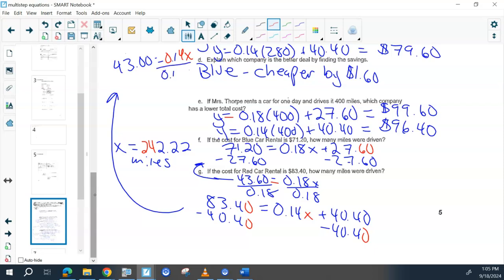And divide both sides by 1.4. Say that again. 307.14. Okay. So previously we were doing our labels with dollars, but these aren't dollars, so you need to make sure you have labels in miles. Questions on any of those?